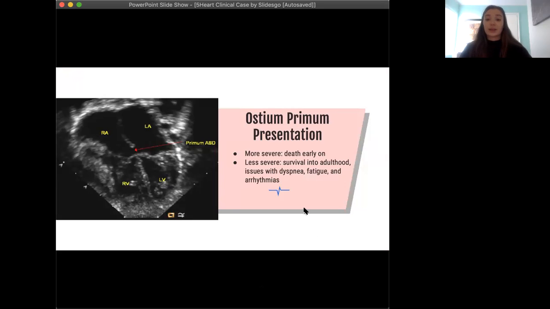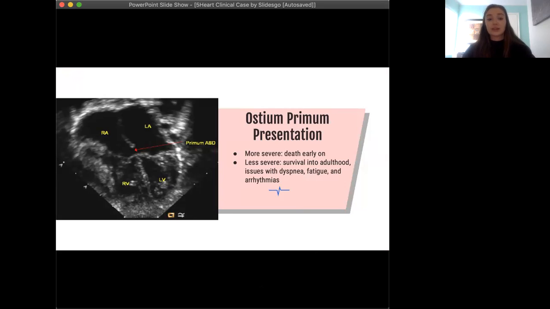So here is a presentation of ostium primum. We can see the atrial septal defect here. The effect that this has on a person will 100% depend on how severe it is. So if it's more severe, this tends to cause death very early on in life. If it's less, people have been known to survive into adulthood, but there can be later on issues of dyspnea, fatigue, and then arrhythmias.